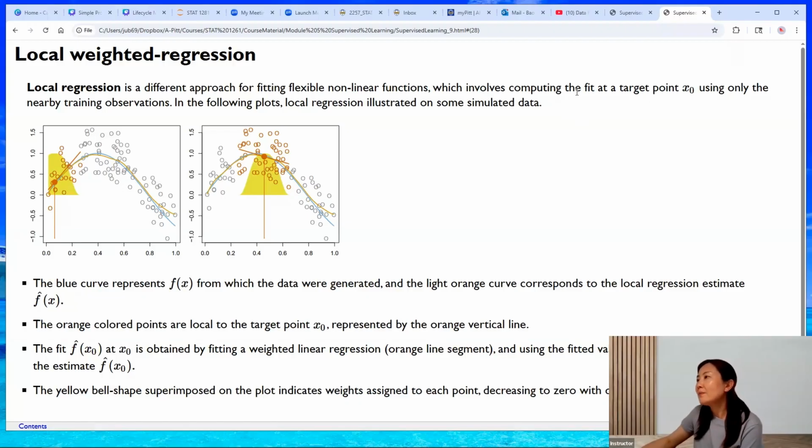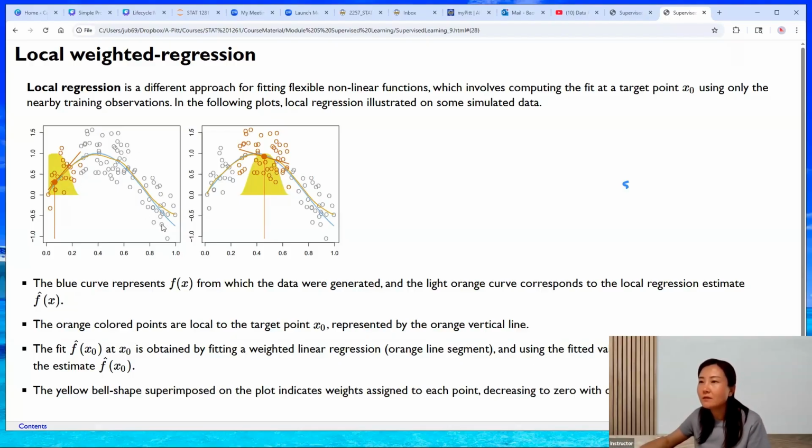It involves computing the fit at the target point using only the nearby training observations, the local observations. Of course, you need to define the size of the neighborhood for any point. That is defined by a parameter called span.